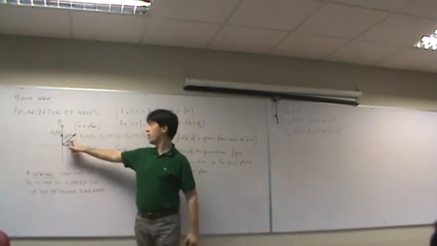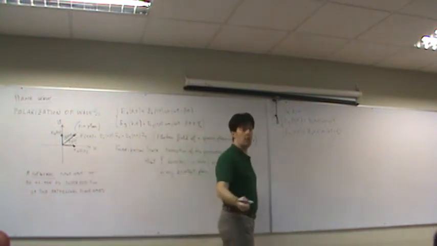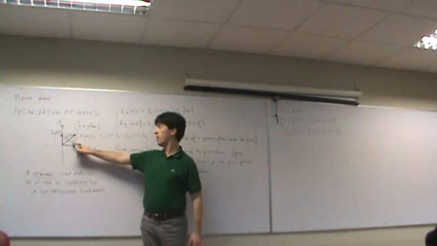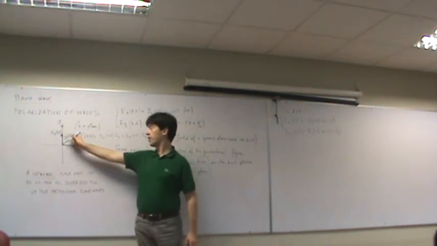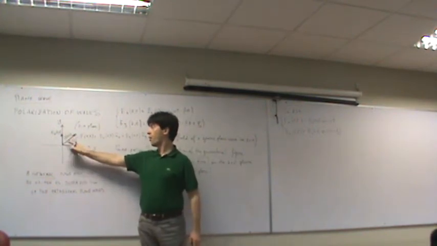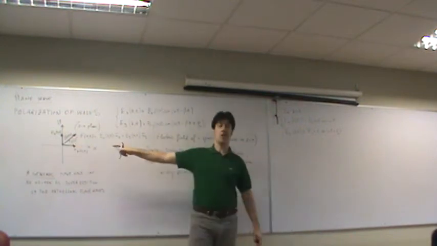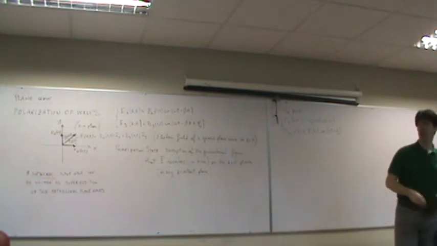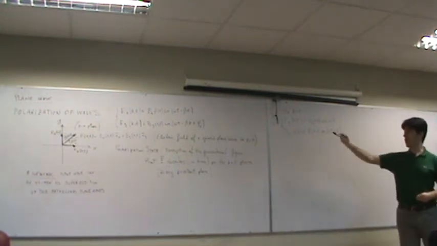That is, we need to know the angle, I call it c, as a function of time, the angle that this vector forms with the x-axis as a function of time. If I have those two pieces of information, I can describe this geometrical figure.